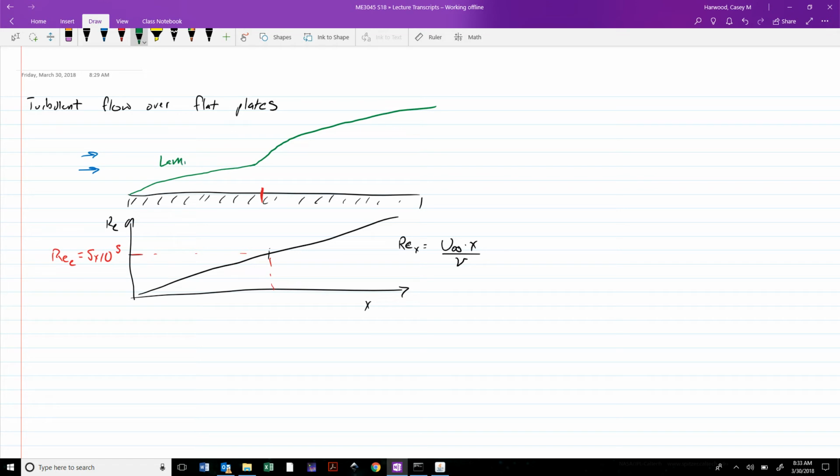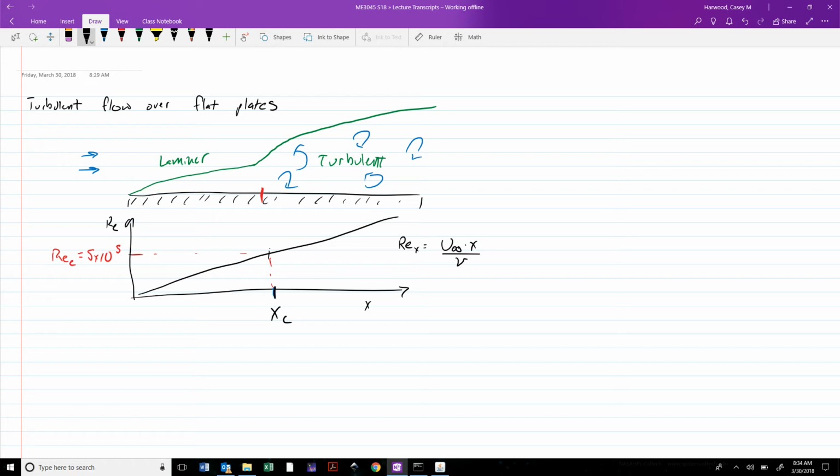So it begins laminar, becomes turbulent, which means that in this boundary layer we've got all this eddying and turbulent flow. This occurs at a position that we call the transition point, where the local Reynolds number equals the critical Reynolds number.